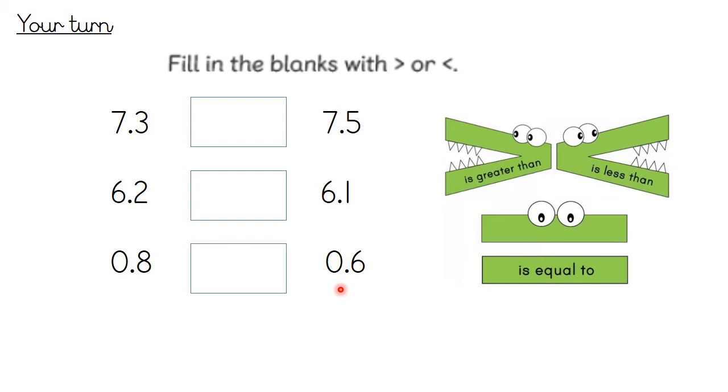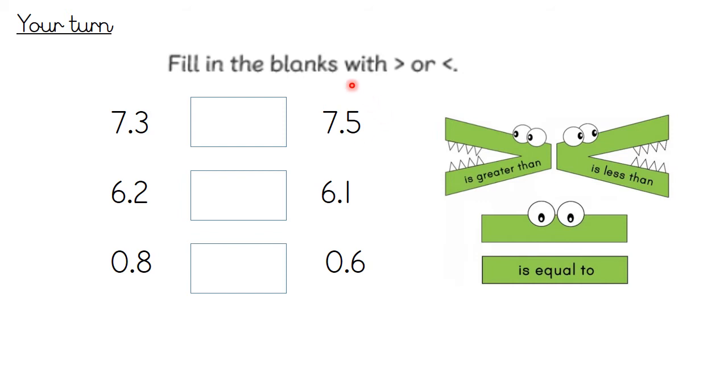Right, let's look at the first one. So we have 7.3 and 7.5, and we know that we have to start on the left. Both of these numbers have 7 ones. So we need to move to the tenths column. We have a 3. We have a 5.